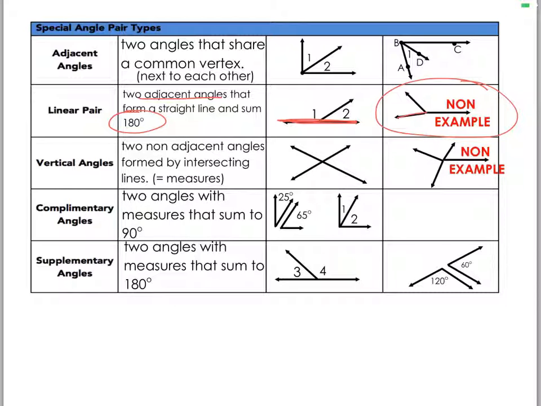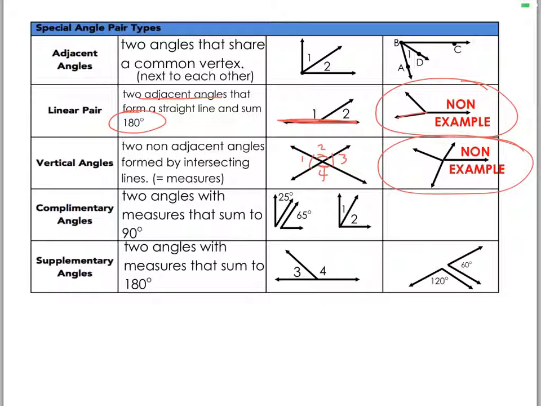Vertical angles are two non-adjacent angles formed by intersecting lines, and they will have equal measures. So if I name this 1, 2, 3, and 4, 1 and 3 will be congruent, and 2 and 4 will be congruent. This right here is a non-example because it's all 4 separate rays. It's not 2 lines intersecting.